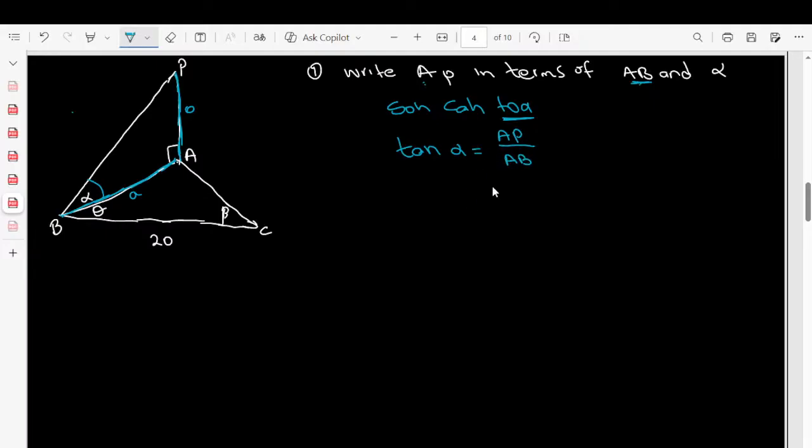Then when you write this, you just have to isolate AP, remove everything this side. We can multiply this side by AB, multiply the tan of alpha by AB. The answer that you get is your AP.